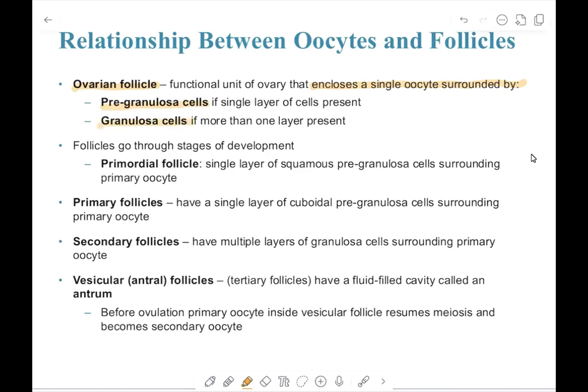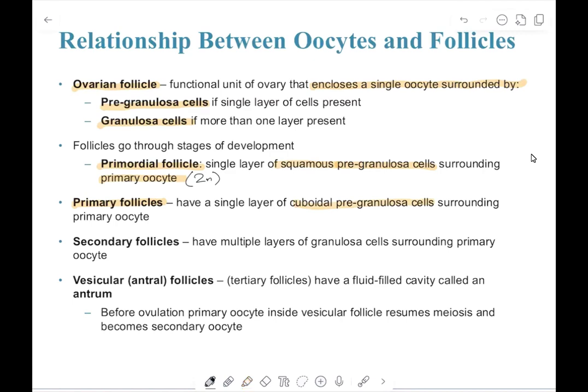The follicles then go through different stages of development, starting with a primordial follicle. And the primordial follicle is pregranulosa cells surrounding a primary oocyte, which is diploid. The primary follicle is now going to have cuboidal shaped pregranulosa cells instead of squamous cells.